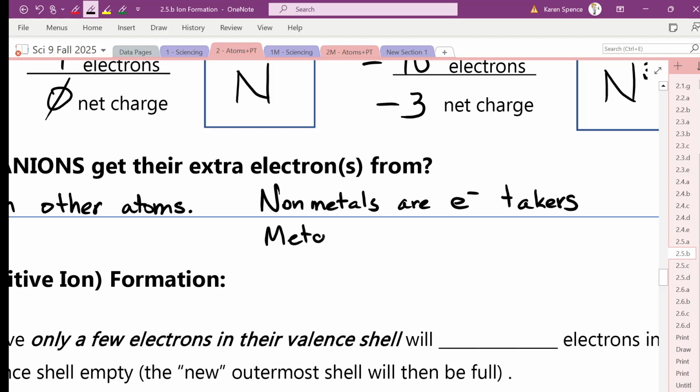Metals are electron givers. And that means what type of ions will metals form? They will be positive, because if you give away a negative charge, you become positive.